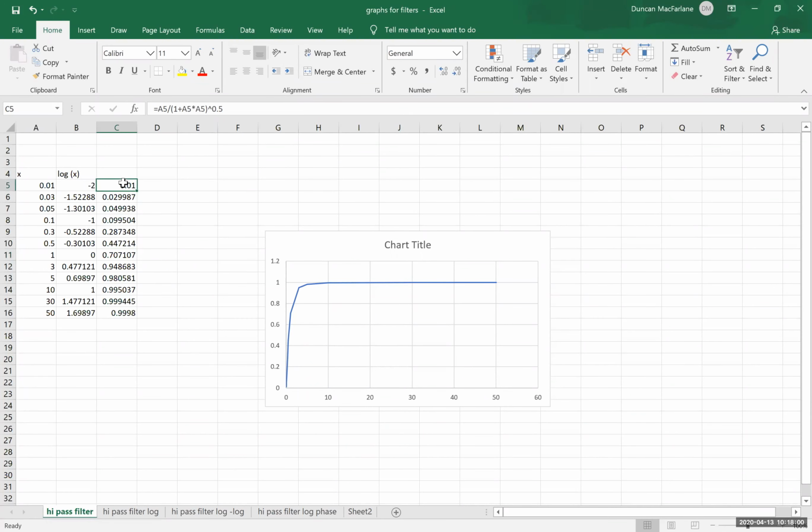And notice that for very low frequencies, the response is very small. For very high frequencies, we're getting pretty close to 1. 2 orders of magnitude above the RC cutoff, I have a unity pass. And so if I plot the frequency as a function of the transfer function, I get this kind of behavior.